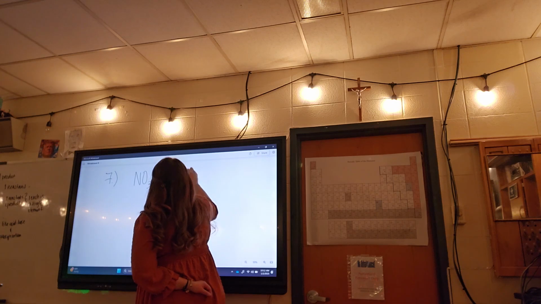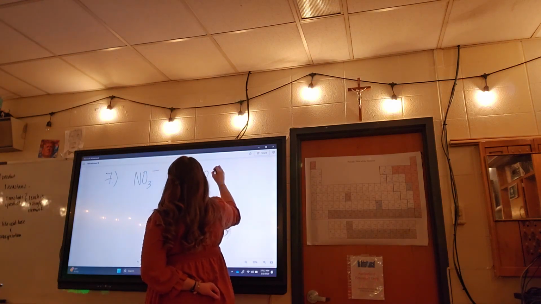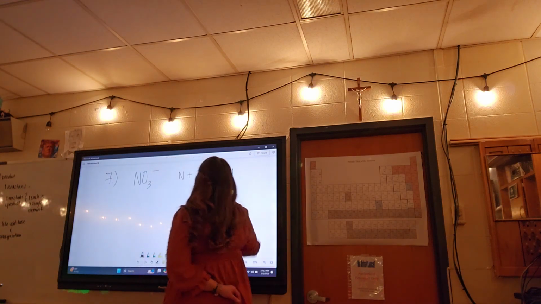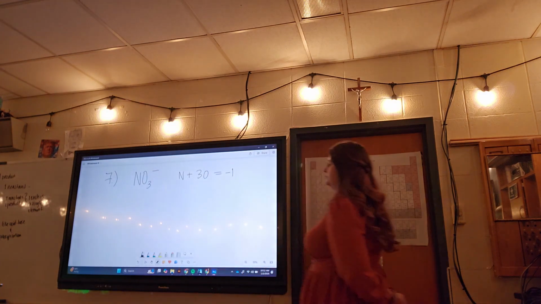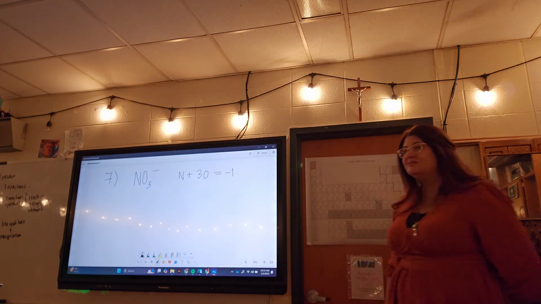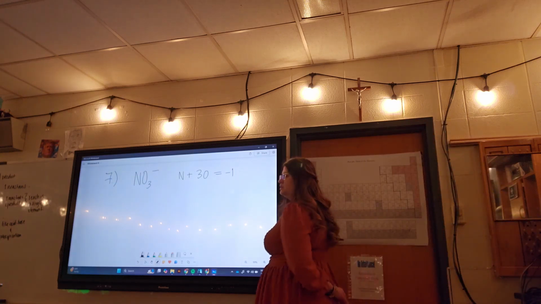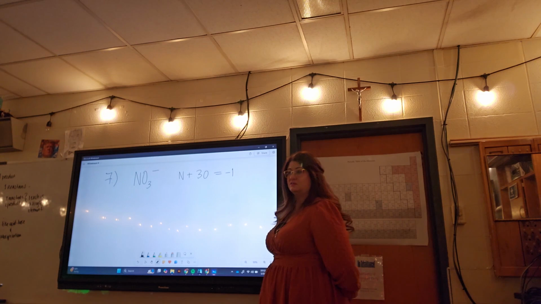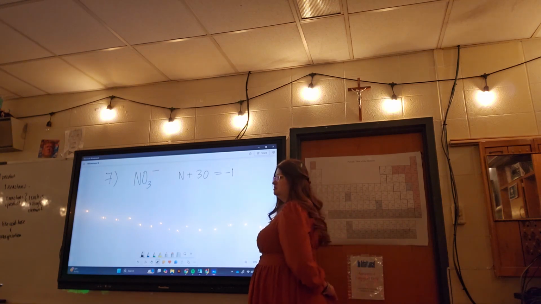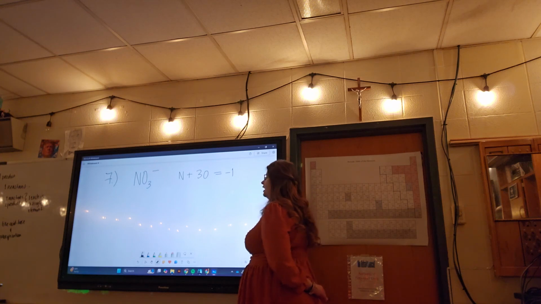So I'm going to write N plus 3 O's equals -1. Why? Because before the charge on our compounds was always 0. And so that's how we knew to make it equal to 0. Now the charge is whatever the ion's charge is. And so it needs to equal that thing.